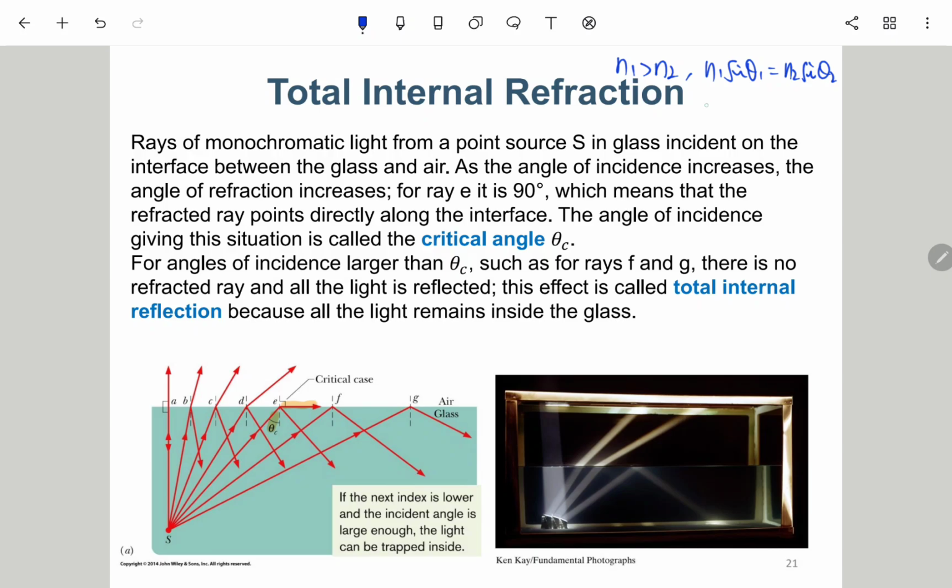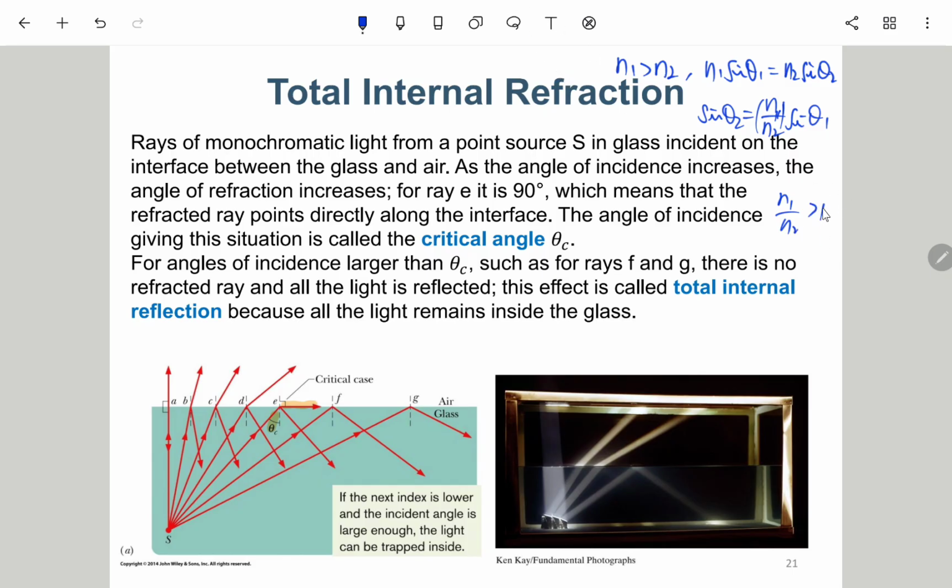Then sine of theta 2 equals n1 over n2 times sine of theta 1, which means n1 over n2 is larger than 1, because n1 is larger than n2.